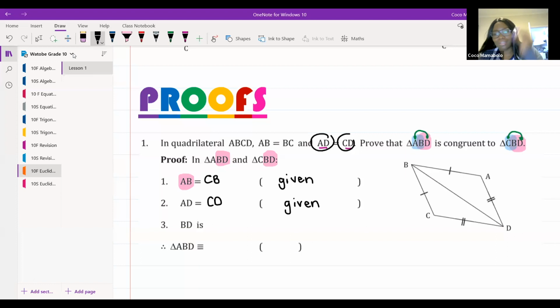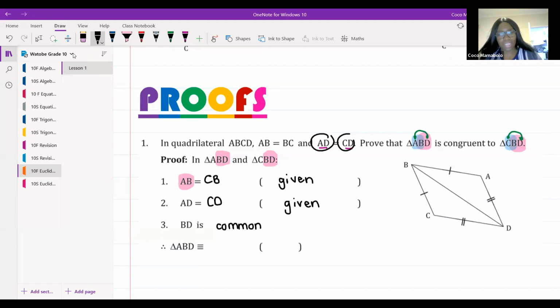They all have BD. Therefore, BD is common. Whenever two triangles share a side, we say that that side is common. So we say that BD is common, but we're not done.